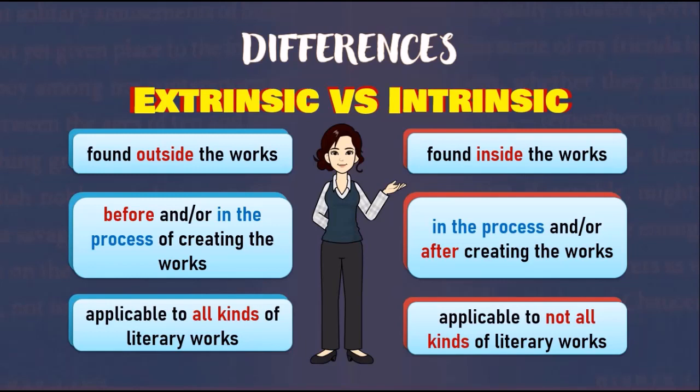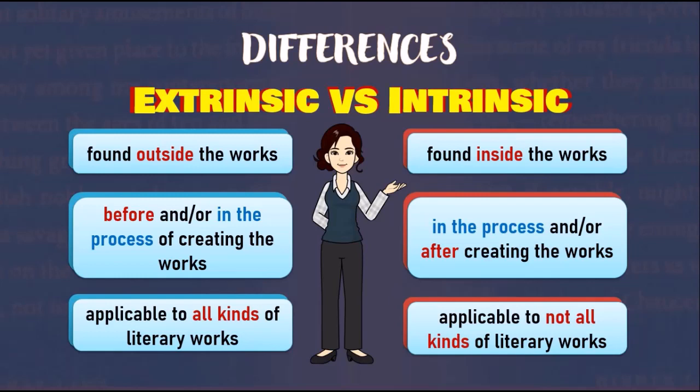Differently, some kinds of intrinsic elements are actually exclusive to a certain kind of literary work. For example, the intrinsic elements in prose basically refer to characters, conflicts, points of view, and so on. And you cannot use these when you want to create a poem, for example.